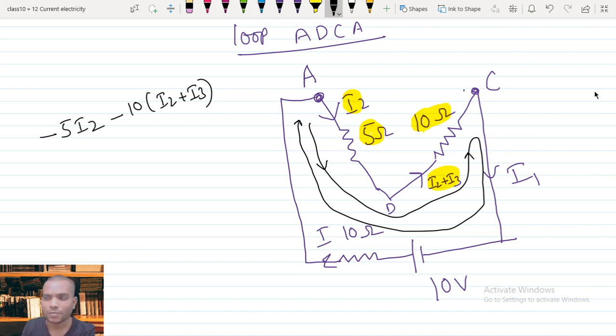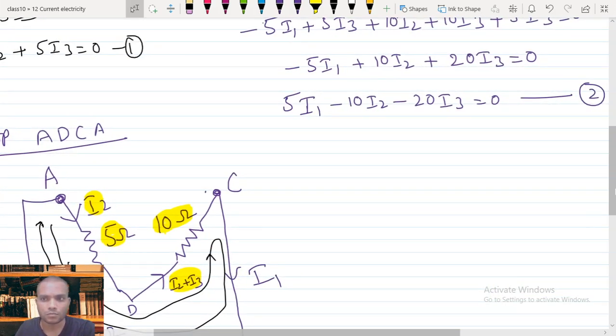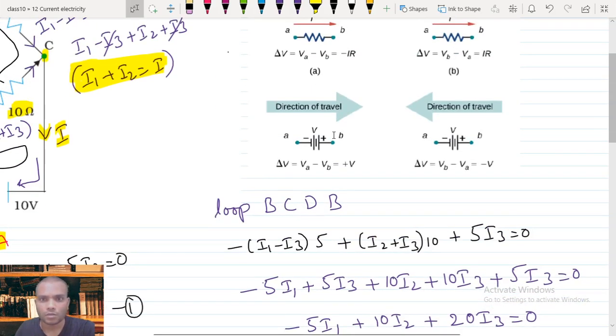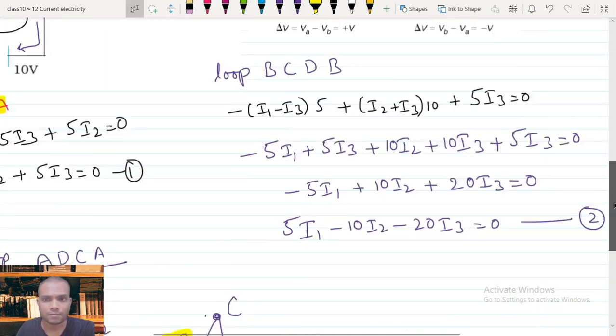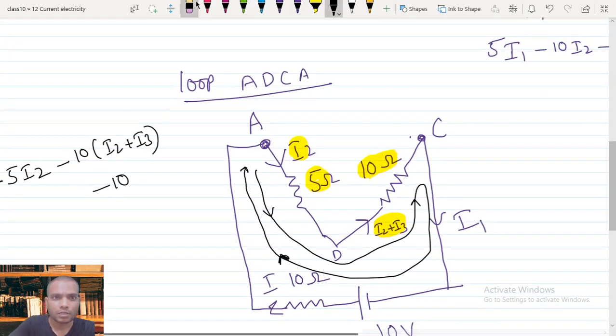So if I cross the cell from negative to positive, that is plus. I cross the cell from negative to positive, it is plus 10. So here it is plus.